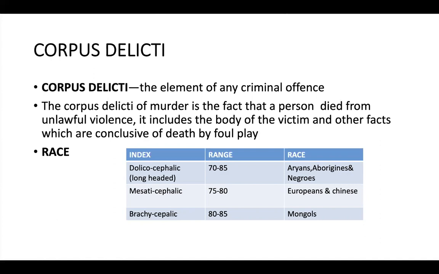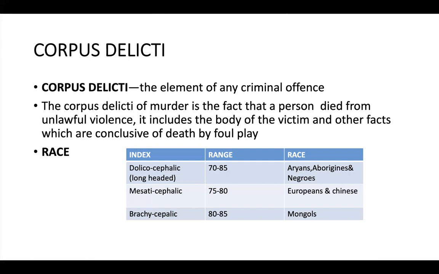It includes the body of the victim and other facts which are conclusive of death by foul play. Okay, that is corpus delicti.